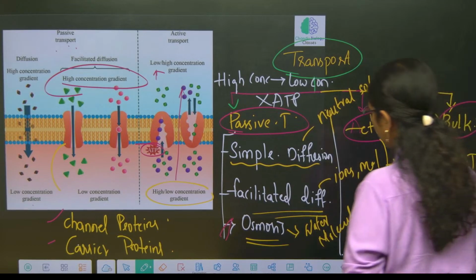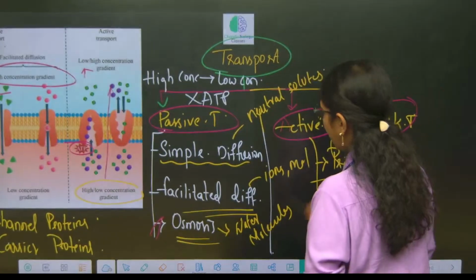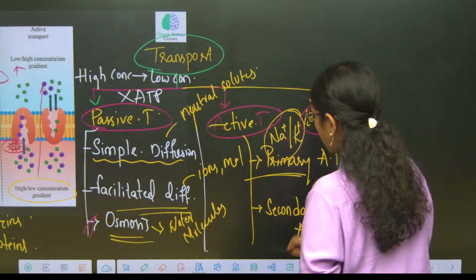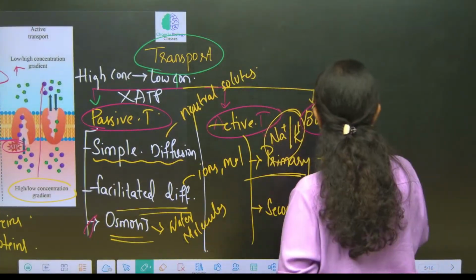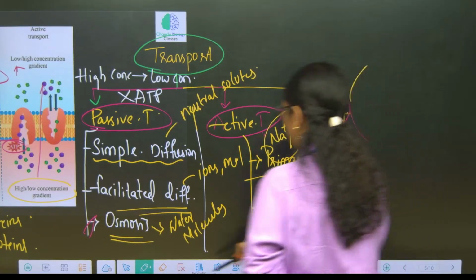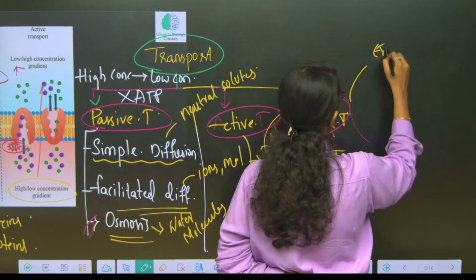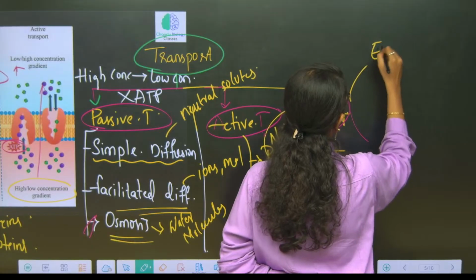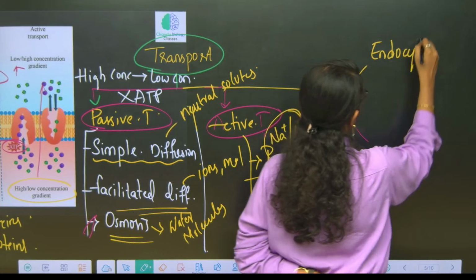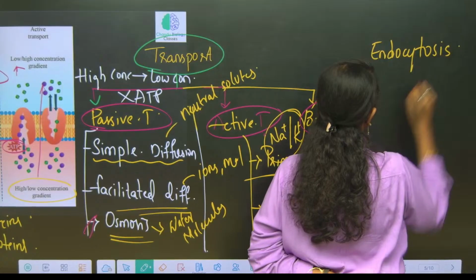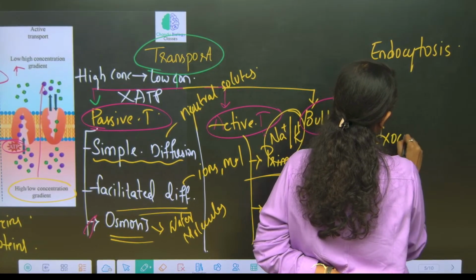Next is bulk transport. Bulk transport is of two types. One is endocytosis and second one is exocytosis.